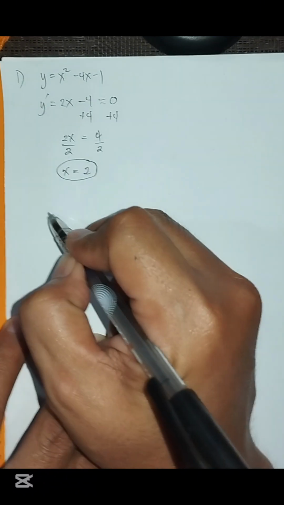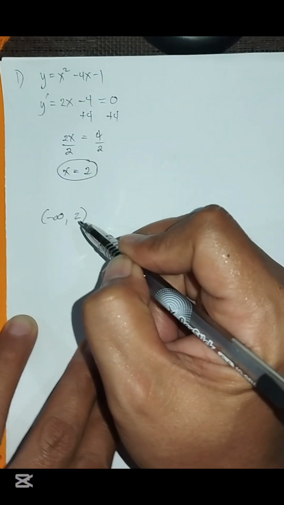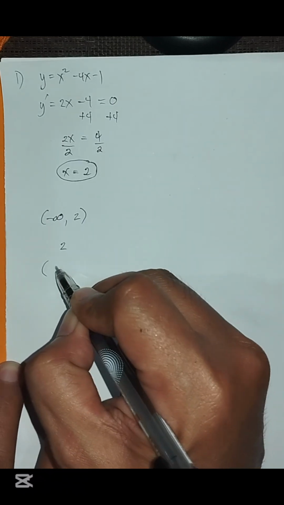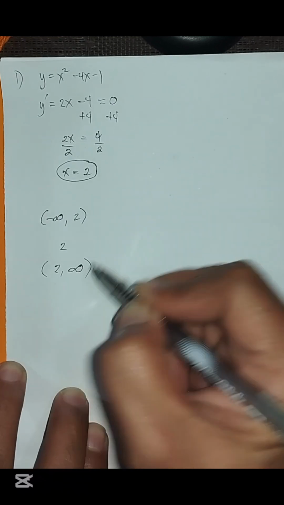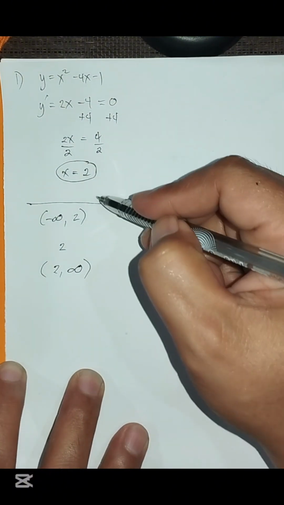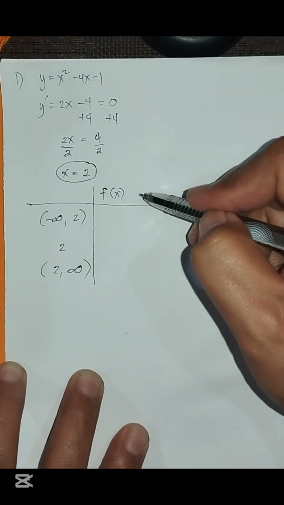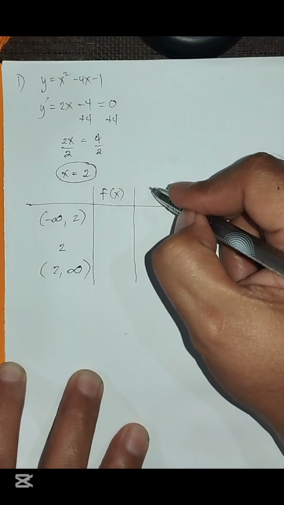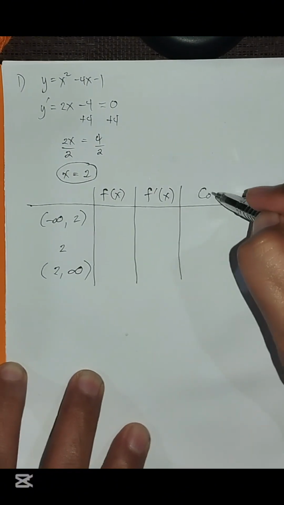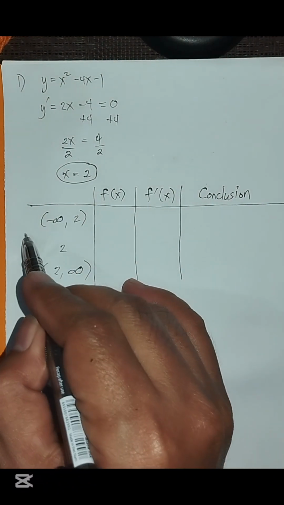So we have two intervals: negative infinity up to the critical number 2, and then 2 to positive infinity. For the next columns, we will write f of x, then f prime of x, and the last column will be our conclusion, whether it is increasing or decreasing.